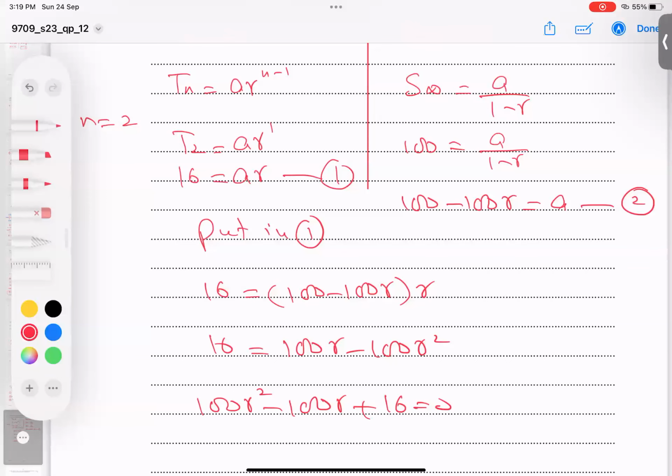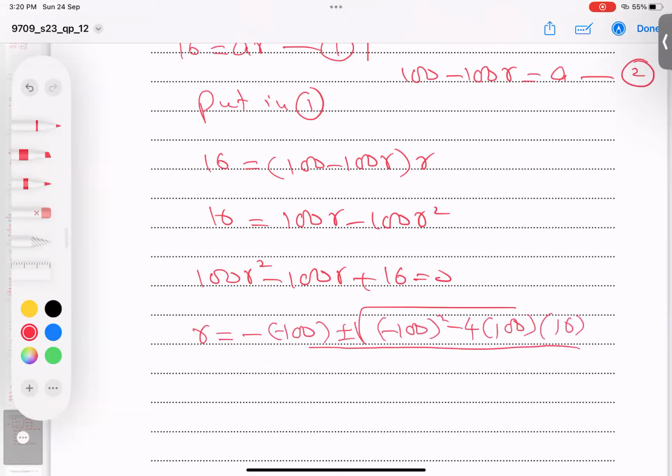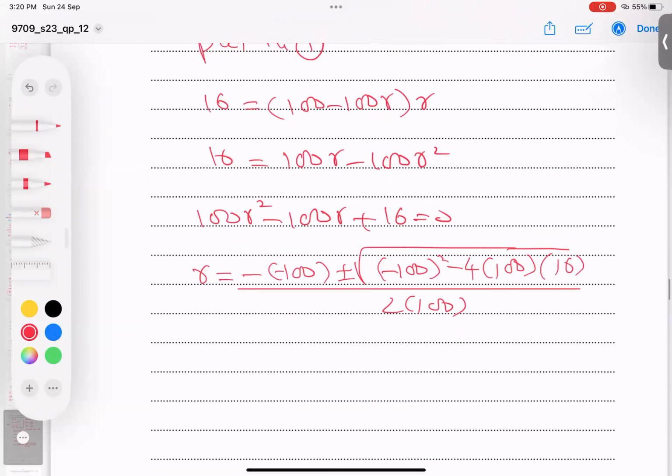If I apply the quadratic formula, negative b plus and minus the square root of b squared minus 4ac, all over 2a, I get two answers: 4 upon 5, and the second answer is 1 upon 5.